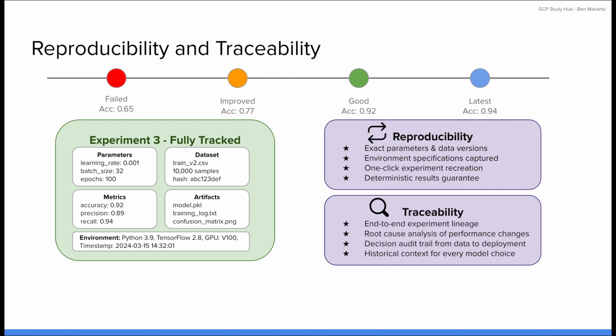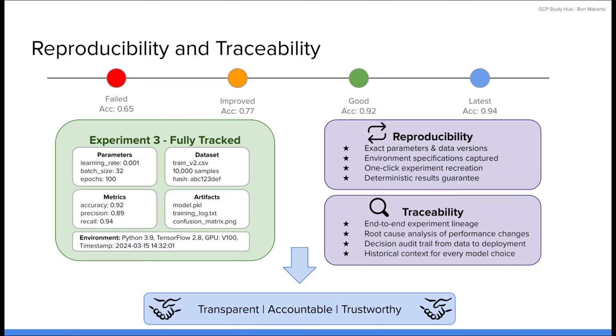So you can create a complete decision trail from initial data to final deployment. So automatic tracking here ensures that you gain both the ability to recreate what was done and the understanding of why it was done if you need to trace back. Together, these make the process more transparent and more accountable and more trustworthy. So understanding this is important, both in the real world, just using Vertex AI, and for the exam.